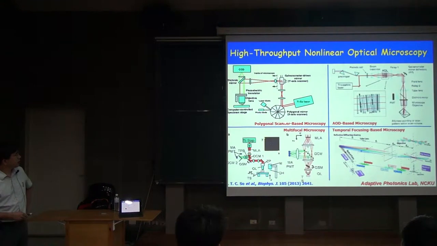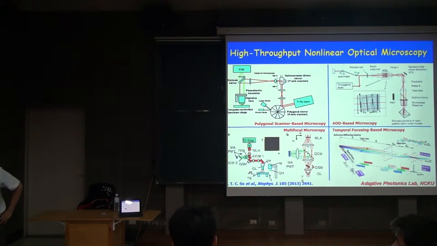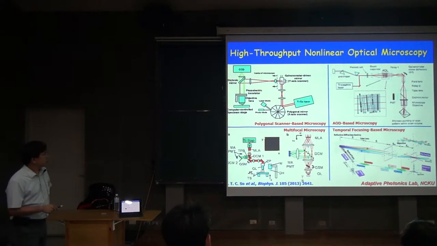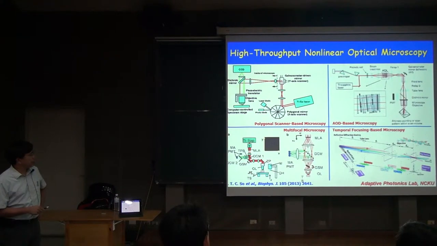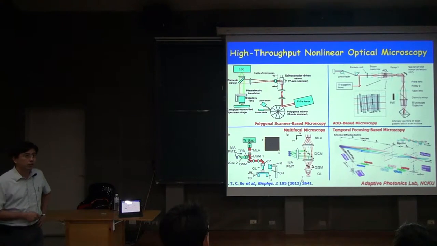The first one, Charles Lin used this technique, a polygon scanner. You can use a polygon and a very fast mirror to scan your sample. This technique can get a video rate of about 30 frames per second.